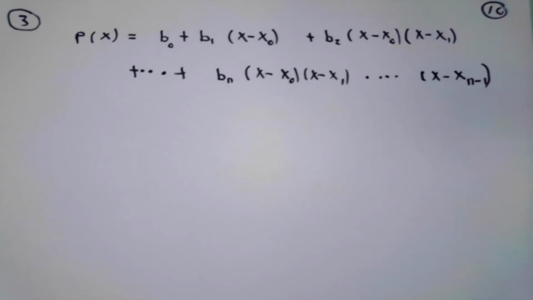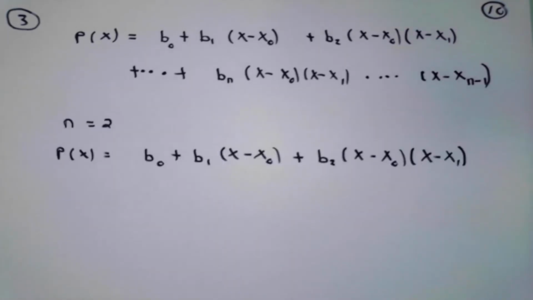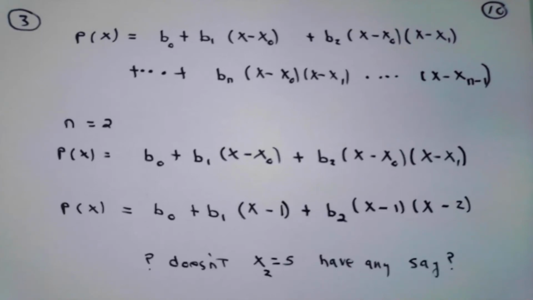Since this can be done for any polynomial of degree n or less, in particular, it can be done for our interpolating polynomial. For n equal 2, the form of the polynomial we're now looking at is p of x equals b0 plus b1(x minus x0) plus b2(x minus x0)(x minus x1).